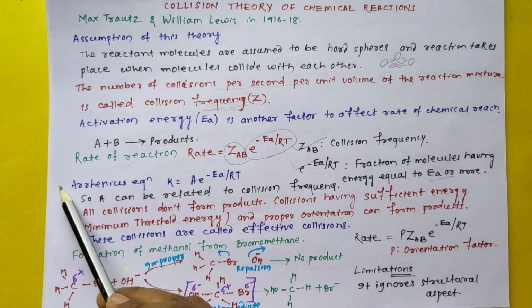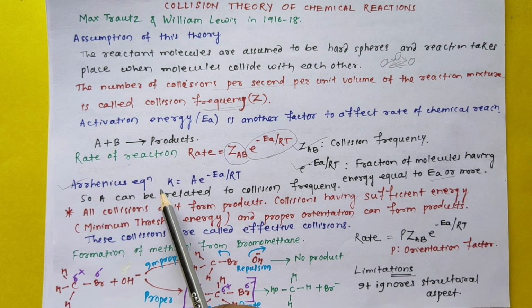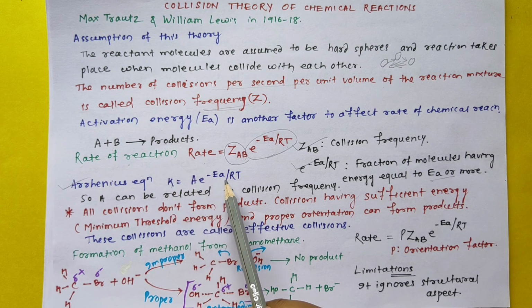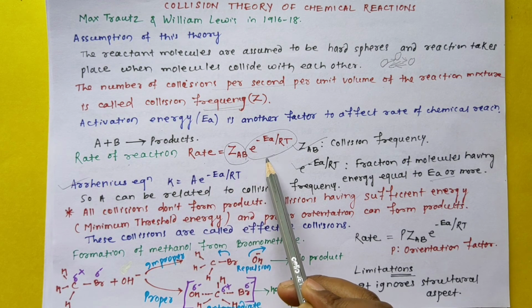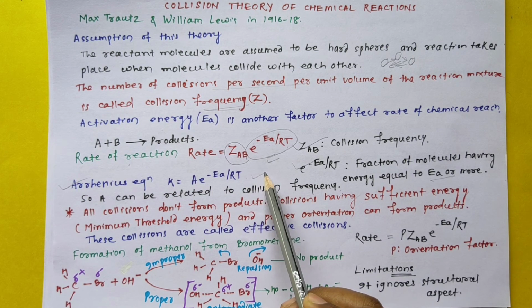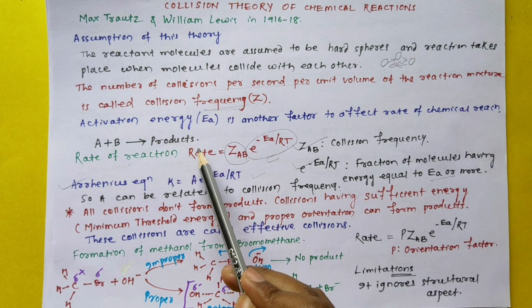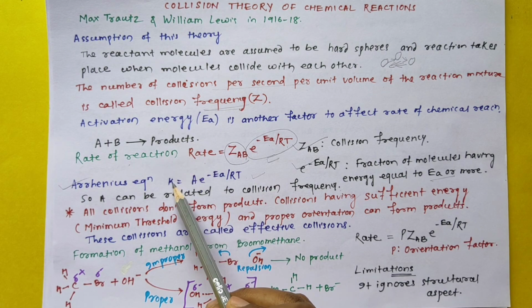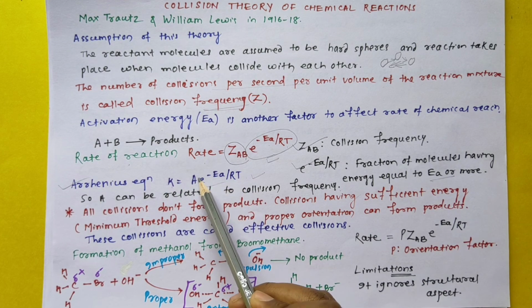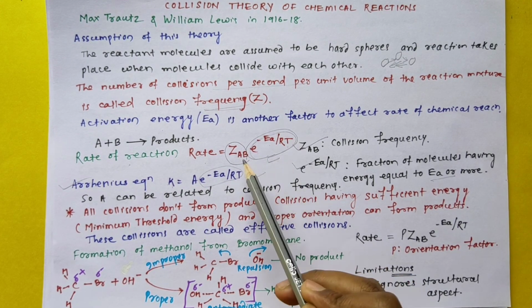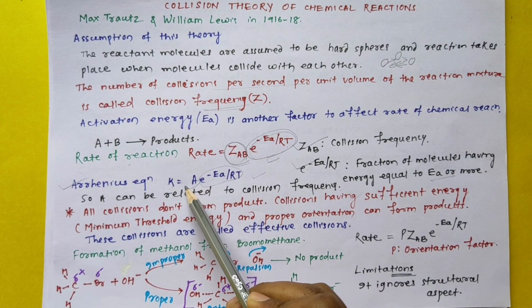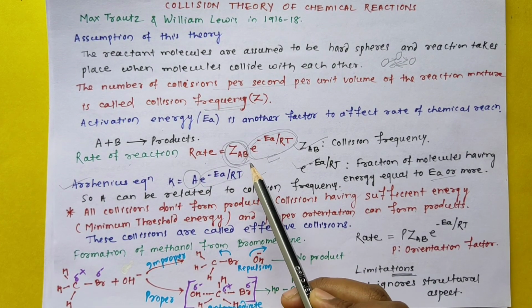Let's see the Arrhenius equation. We have discussed it several times. K is equal to A e to the power minus EA by RT. Right now, compare this equation and this equation. You can see K is the rate constant, and here K is also the same, and this part is also the same. That means they differ in that A is replaced by ZAB.